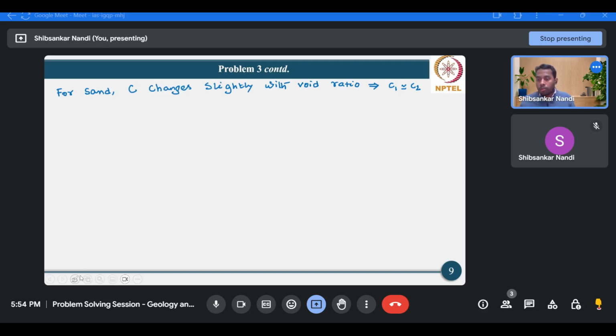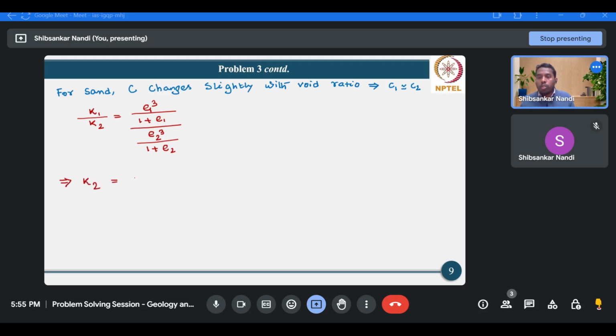Therefore this ratio K1 by K2 would become E1 cube by (1 plus E1) divided by E2 cube by (1 plus E2). Now from this onward, it would become very easy to calculate the value of K2, because E1, E2 you know, K1 you know, we just have to substitute the values in this equation.